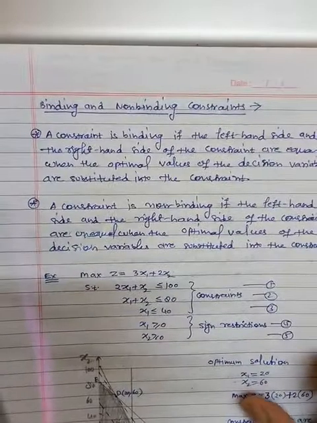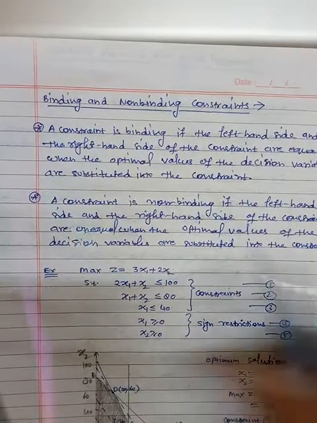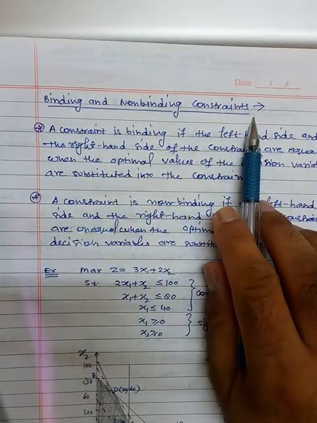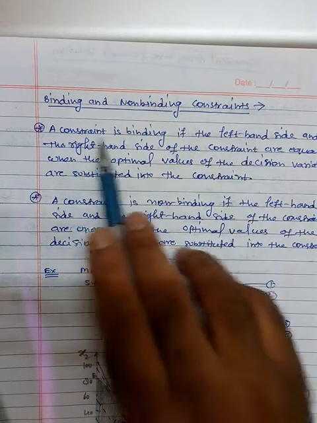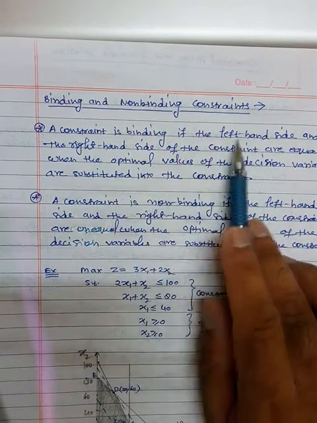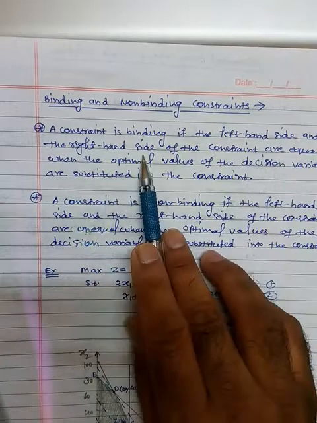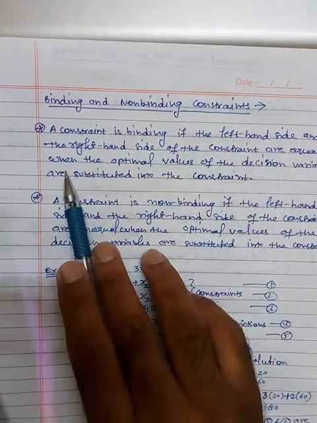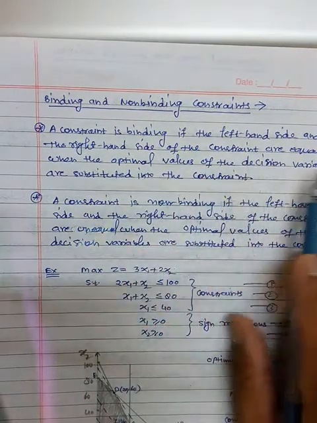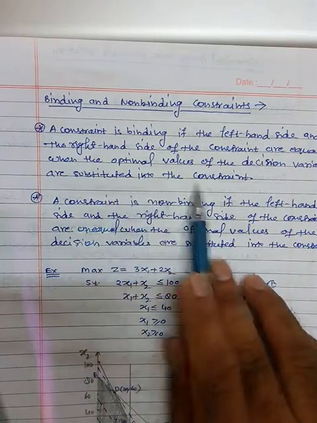Now we have another very important concept, binding and non-binding constraints. A constraint is binding if the left hand side and the right hand side of the constraint are equal when the optimum values of the decision variables are substituted in the constraint.